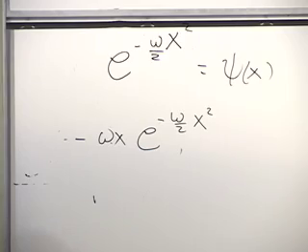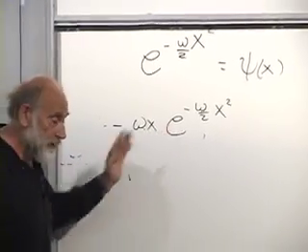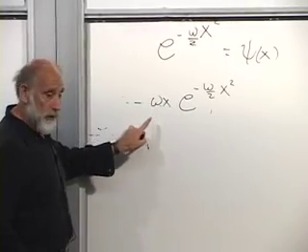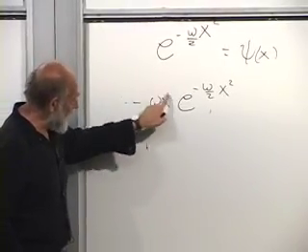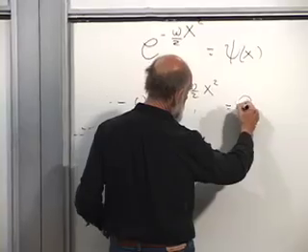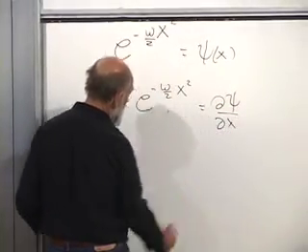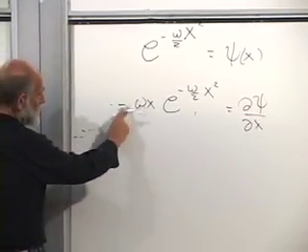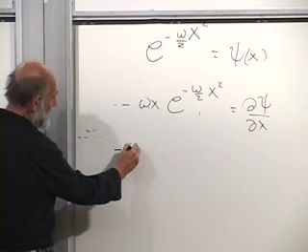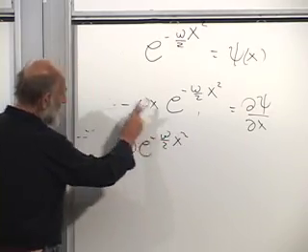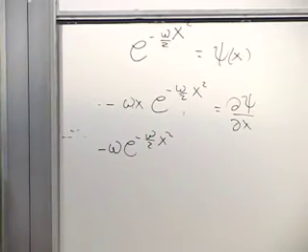If we differentiate it again, we get two contributions. We're differentiating a product. The first term comes when we differentiate the first factor in the product. This is dψ by dx. If I differentiate it again, I get two terms. One of them just comes from differentiating that. That's minus omega e to the minus omega over 2 x squared. The derivative of omega x is just omega.